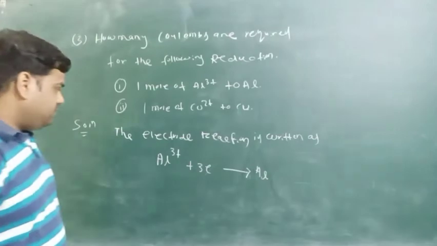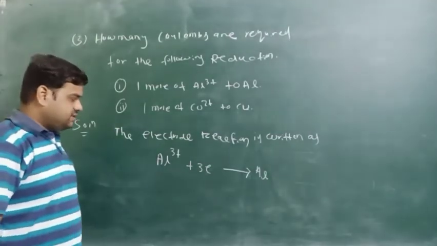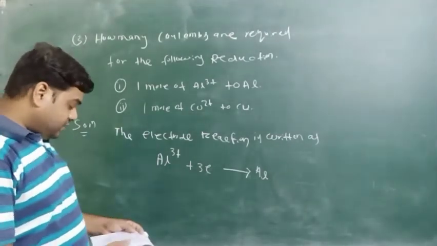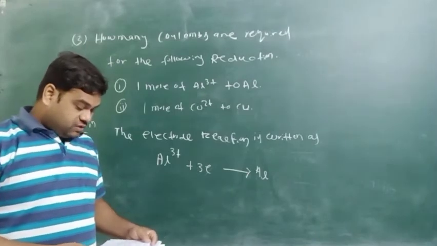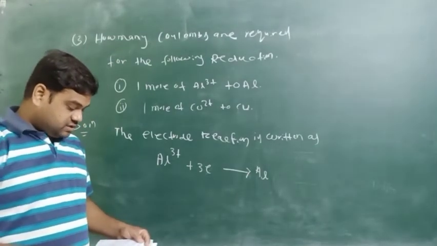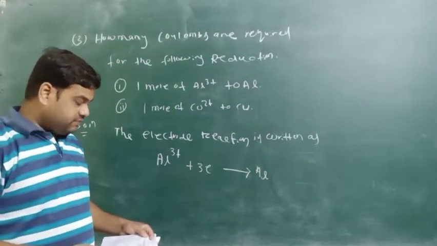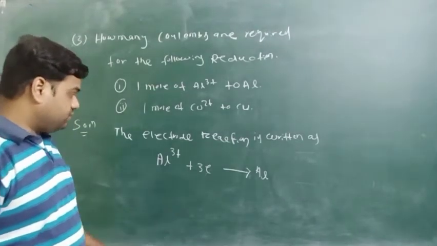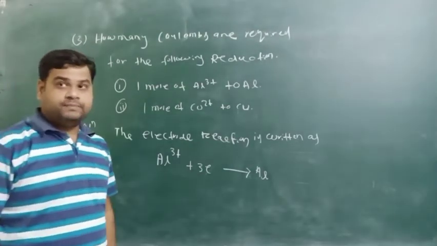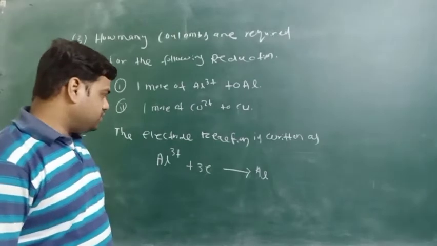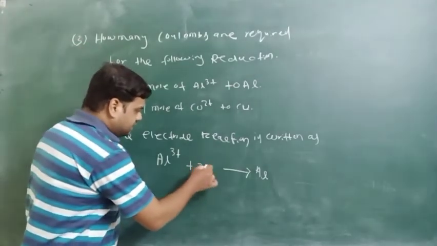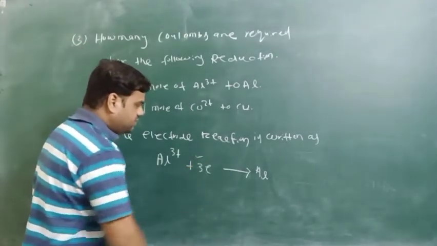Here you can see that Al3+ requires 3 electrons. Therefore, the reduction of 1 mole of Al3+ ions to Al requires 3 moles of electrons. For the reduction of Al3+ to Al, it requires 3 moles of electrons.